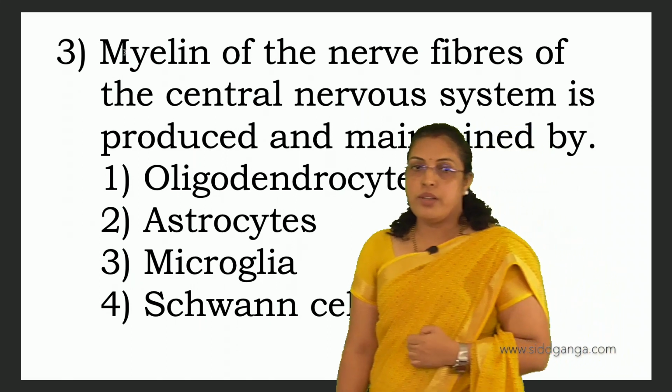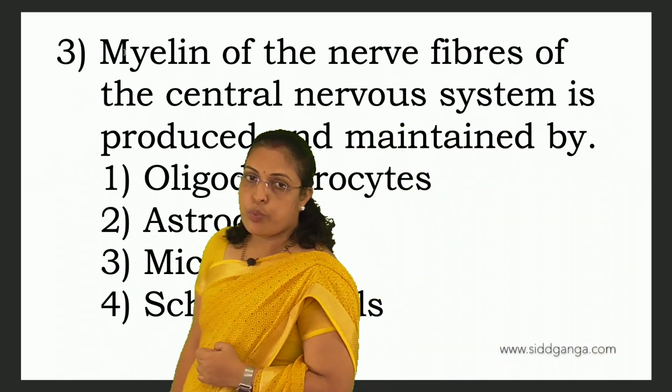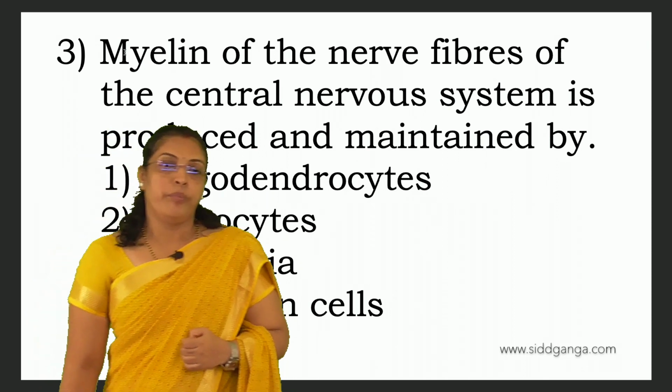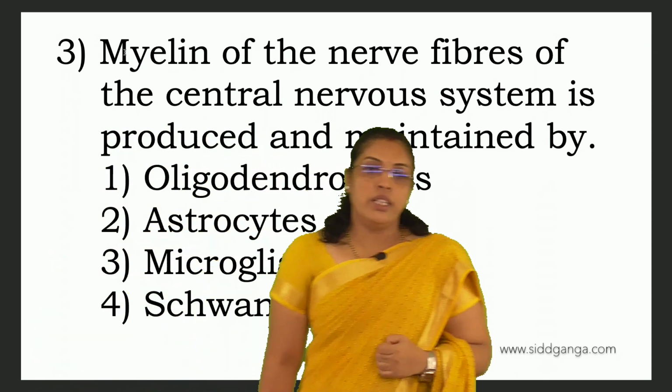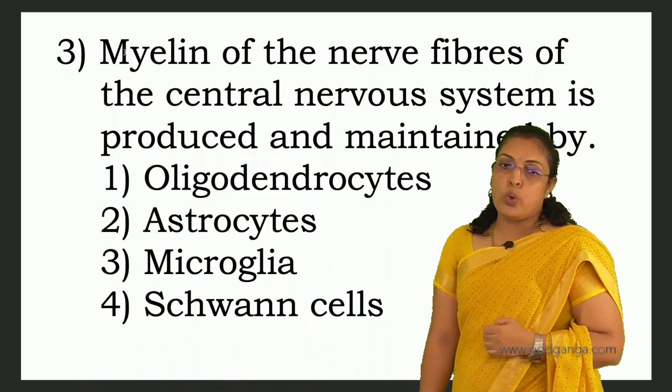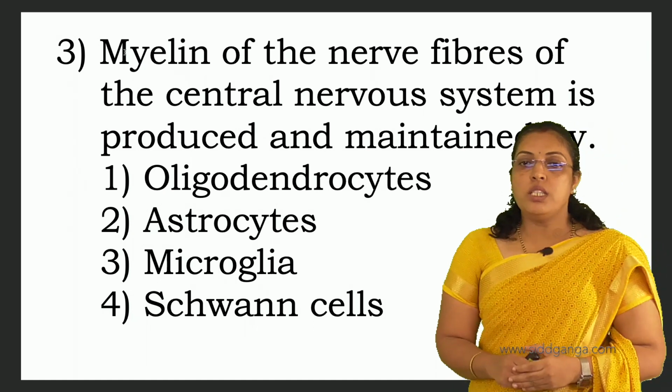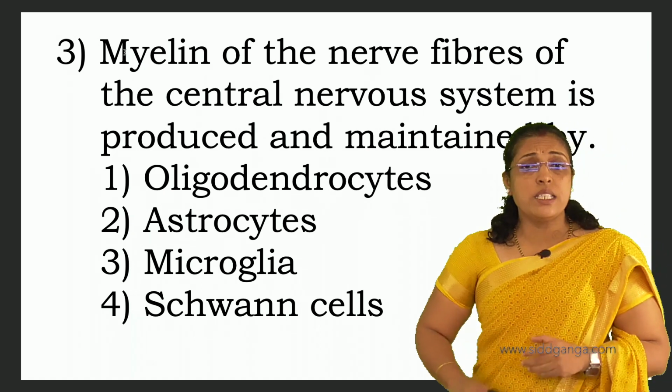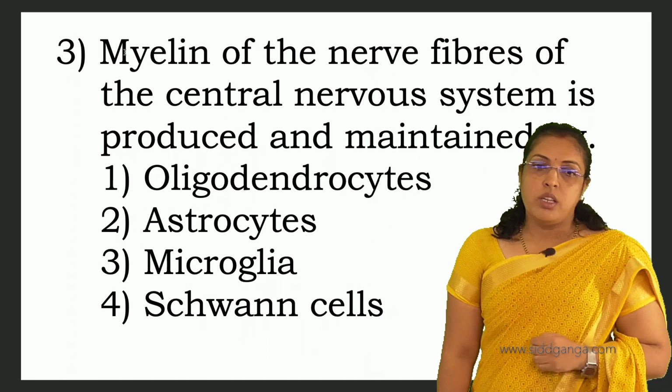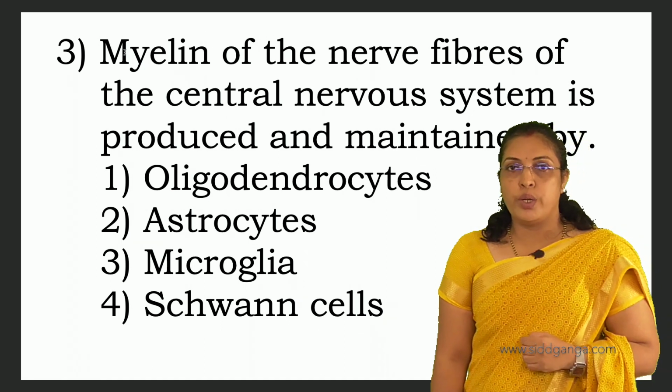Myelin of the nerve fibers of the central nervous system is produced and maintained by oligodendrocytes, astrocytes, microglia, or squamous cells. Here they have asked about the central nervous system, so the answer is oligodendrocytes.